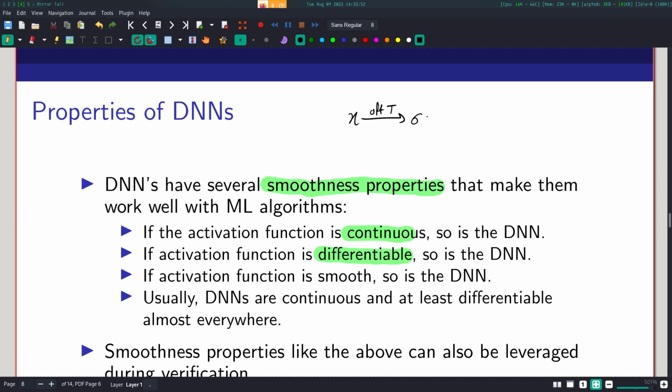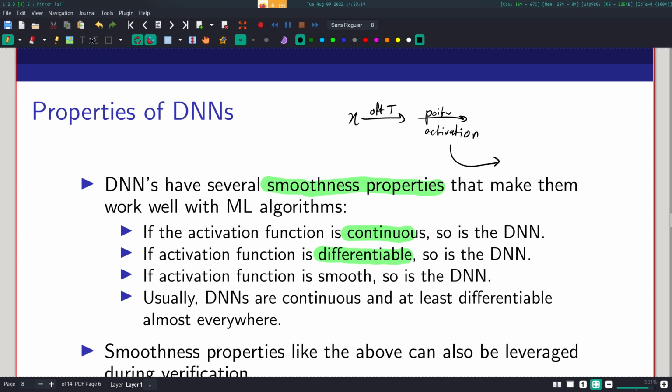But then you do a pointwise application of some activation function. And here is where any sort of non-continuity or non-differentiability or non-smoothness, any such issues that might creep into your entire network, the only point where it can creep in is in this activation function.